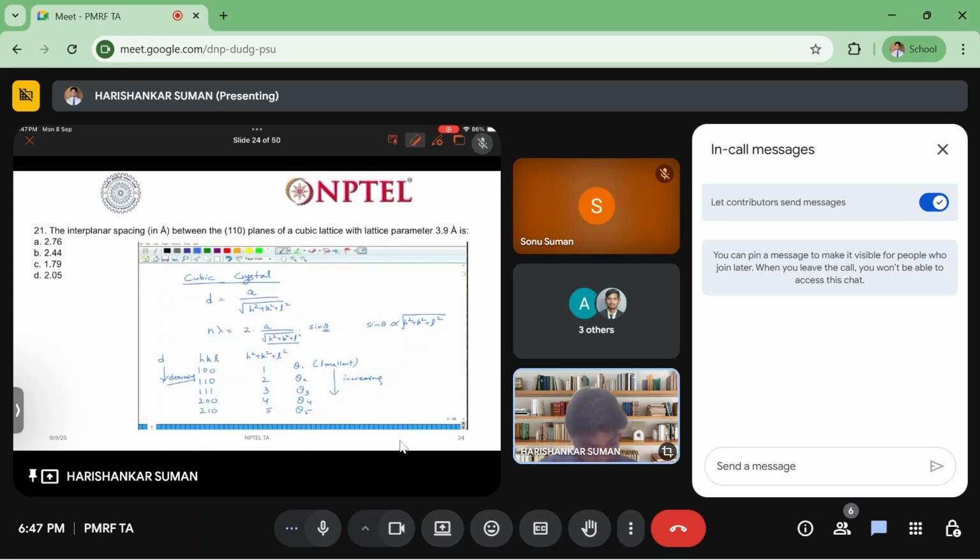You have to calculate d for the 110 plane of the cubic lattice. 2d sine theta equal to m lambda is one equation, and the second is d equal to a by root of h square plus k square plus l square.